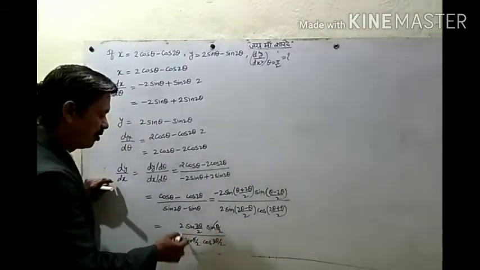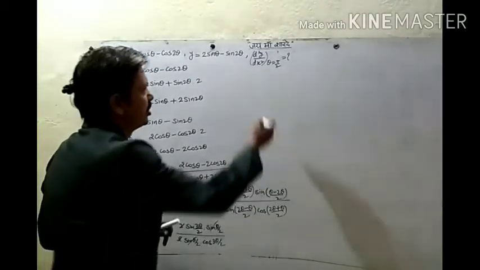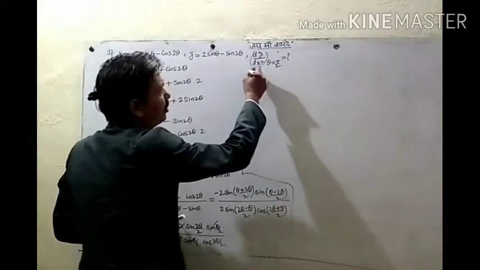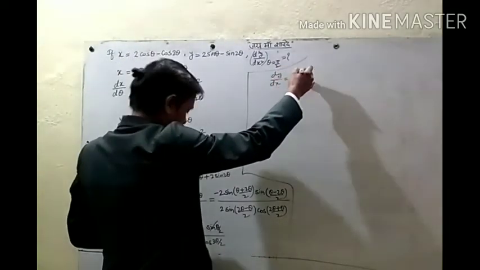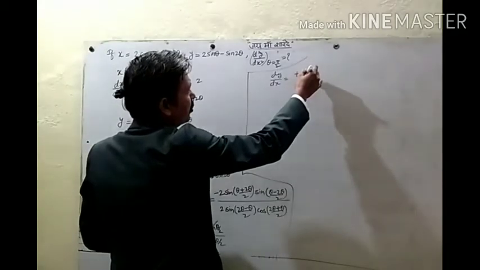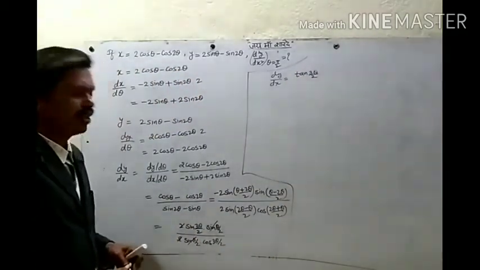Sin theta by 2 cancels out, 2 cancels out, so we get sin 3 theta by 2 upon cos 3 theta by 2, meaning dy by dx is tan 3 theta by 2. This is the value of dy by dx.